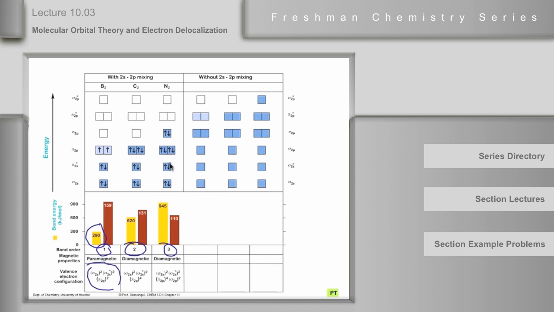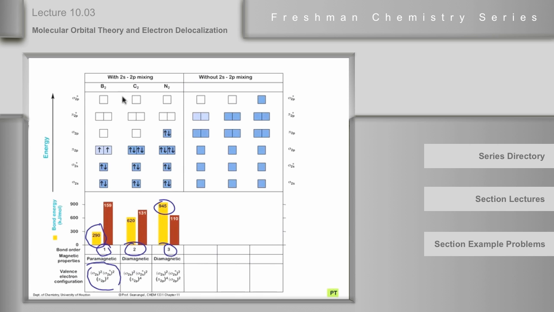It is diamagnetic. There aren't any unpaired electrons for N2. Well, we knew that. N2 is, of course, quite common. One of the famous 7 diatomics. You got it. Look at its bond energy, 945 kilojoules per mole. Again, it fits pretty well with what you would predict for the molecular orbital bond order.